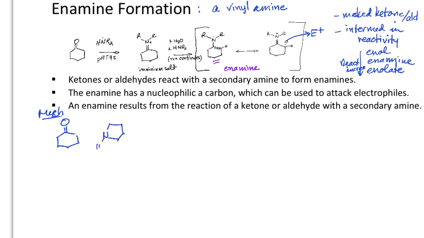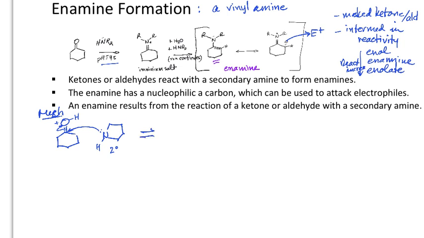So this is a secondary amine, and that's the key part of this, secondary amine. So that will, in the presence of maybe a slightly acidified condition, right? We said pH about 4.5. That nitrogen will attack and displace one of the bonds.